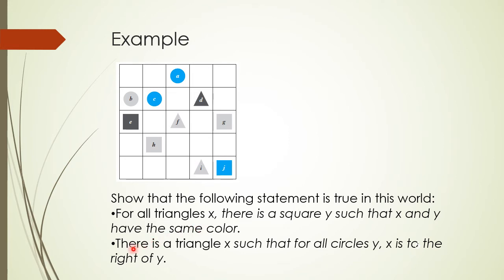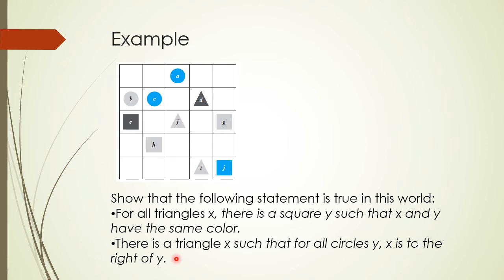Let us consider another example. There is a triangle x such that for all circles y, x is to the right of y. Now the existential quantifier is on the domain triangle, and the for all or universal quantifier is on the domain circles, and you need to satisfy the property that x is to the right of y.